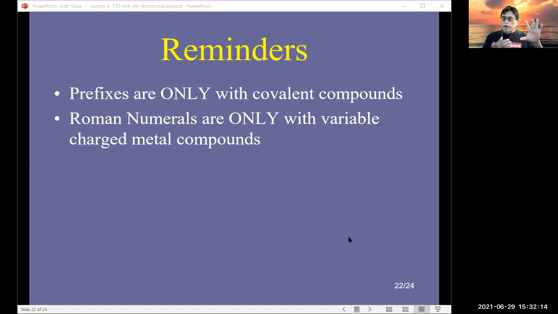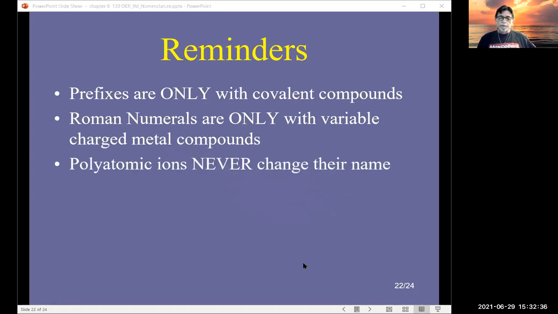So you've got 12 coming in from group 1 and group 2, and then 4 coming in from the ones I gave you. Those have fixed oxidation numbers and therefore do not require Roman numerals. It would be incorrect to put Roman numerals in them. So don't put them in. They're fixed.